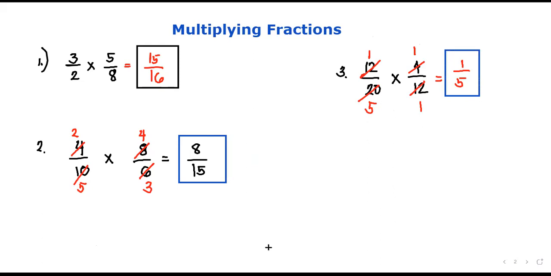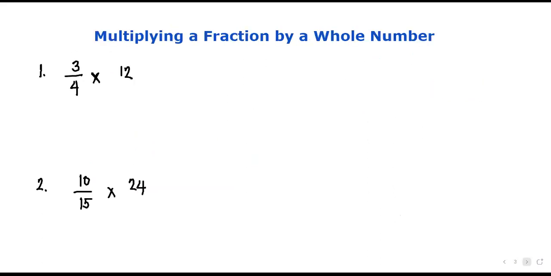Now let's move on to what if you will be multiplying a fraction by a whole number. Let's say for example number 1, we have 3/4 times 12. Don't forget that if you have a whole number, its denominator is 1.